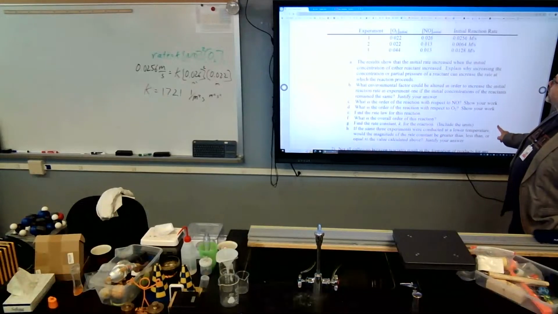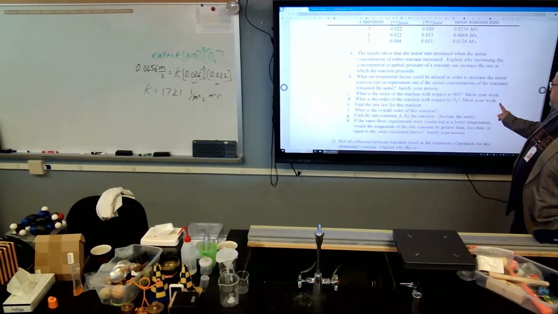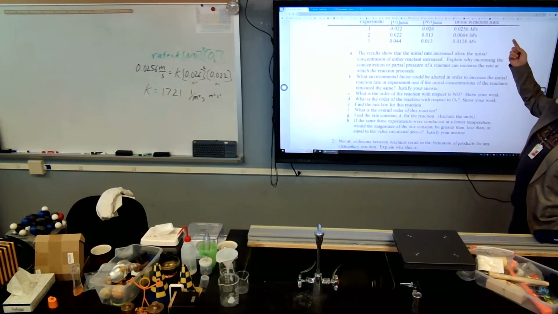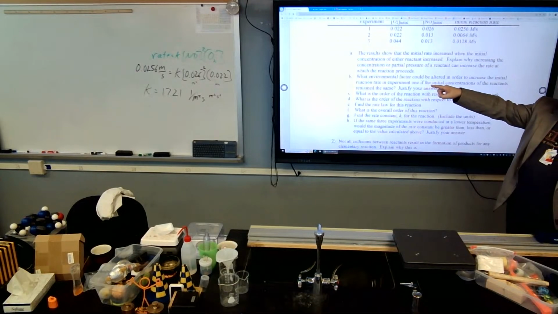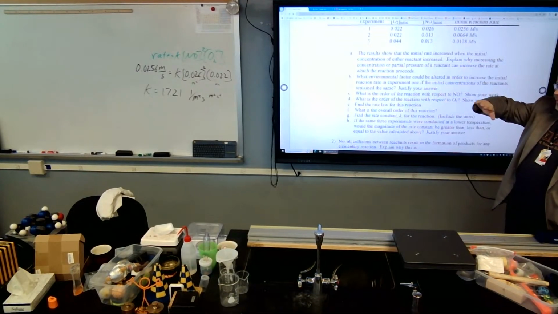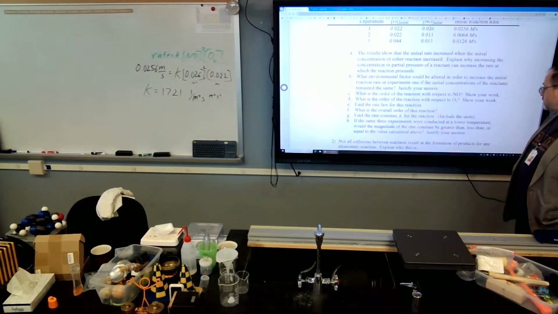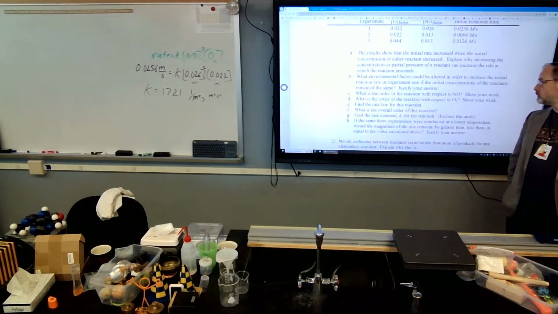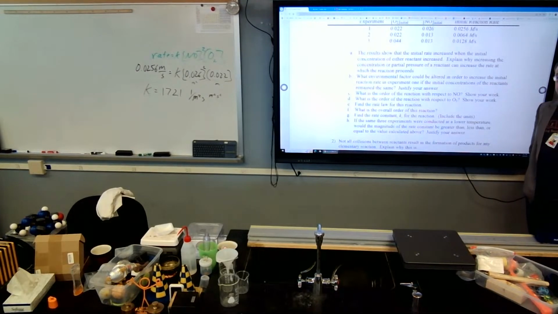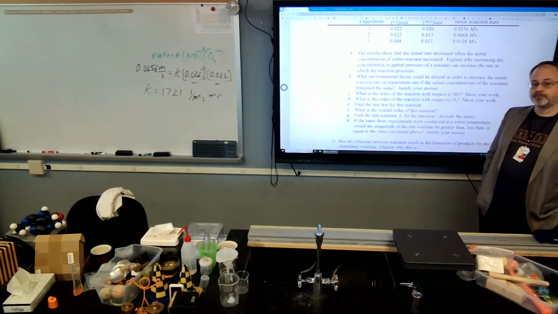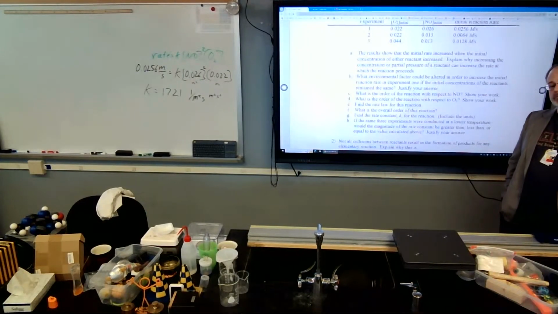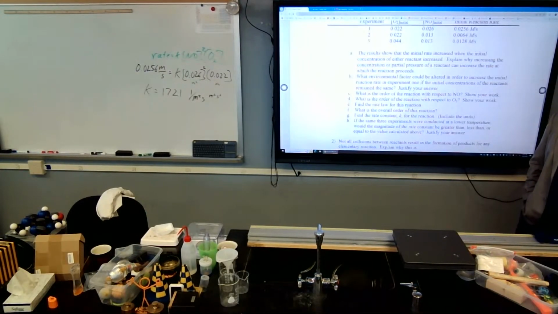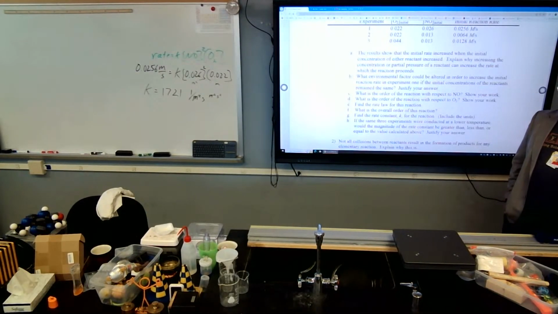If these experiments were conducted at a lower temperature, would the rate constant K be higher, lower, or the same? And justify your answer. Lower. Why? Because temperature decreases the amount of favorable collisions. How?